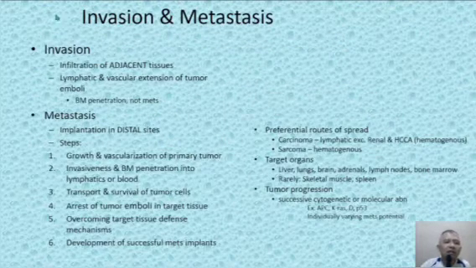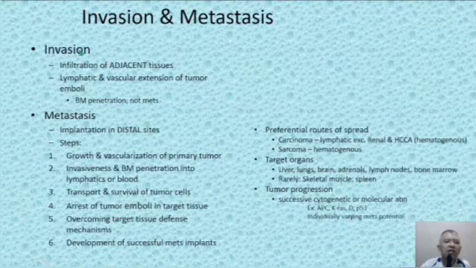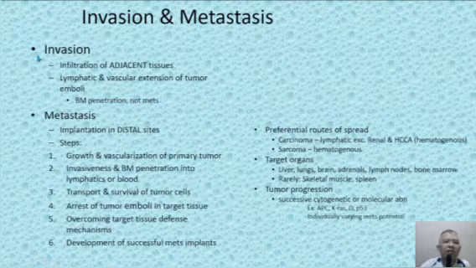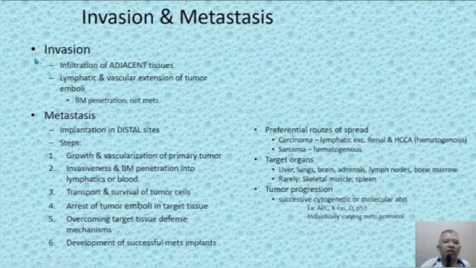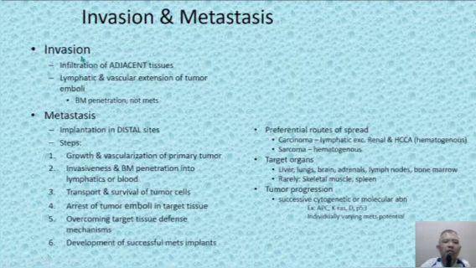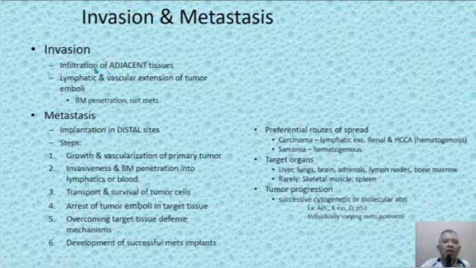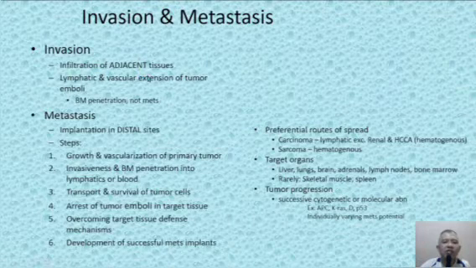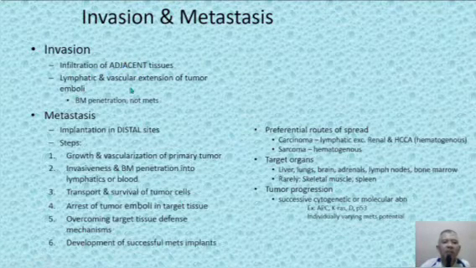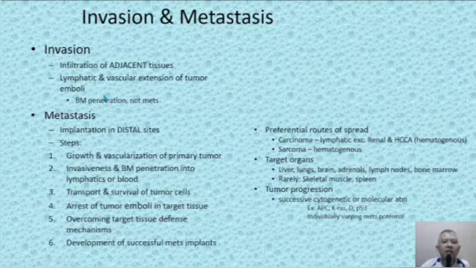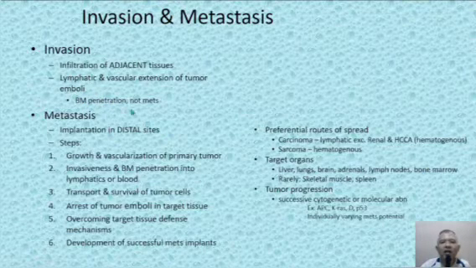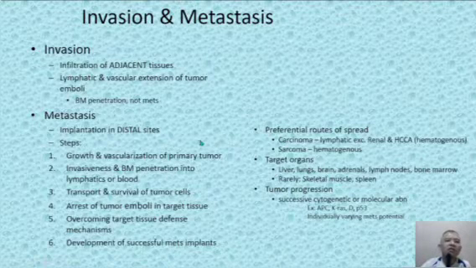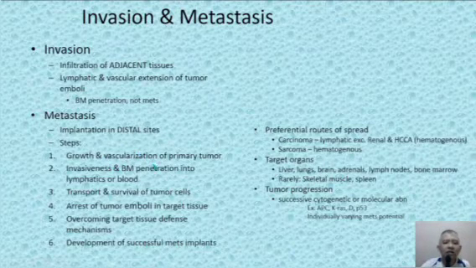So invasion and metastasis, the difference is that invasion is movement of abnormal tissues into the adjacent tissues. It's just nearby. There's no basement membrane penetration, so it's not a metastasis. However, in metastasis, you have implantation in distal sites. So what are the steps? The tumor grows.